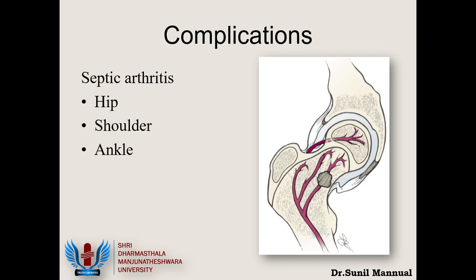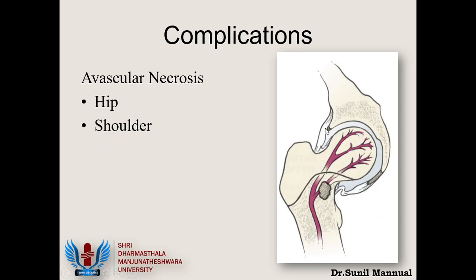So progression to septic arthritis is one more complication, and progression to avascular necrosis can happen again in the hip joint and the shoulder joint because of the connection between the metaphysis and the epiphysis in children below 18 months. And the most devastating complication that I find very difficult to manage is pathological fractures.